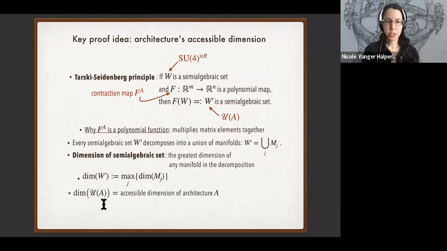Now, the dimension of the semi-algebraic set formed from all the unitaries that you can implement using this one architecture A, that dimension is what we call the accessible dimension of the architecture A. Again, this is a measure of the number of degrees of freedom you need to characterize this set of unitaries locally. Does anyone have questions now?